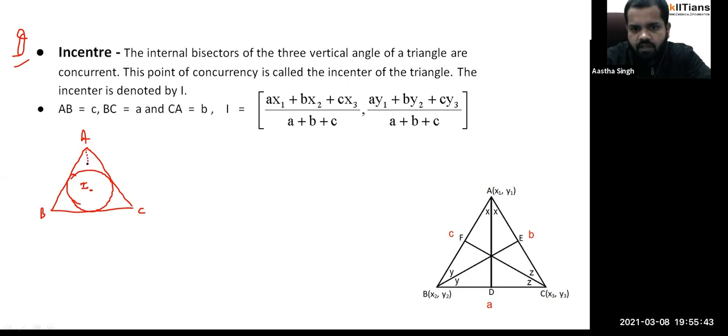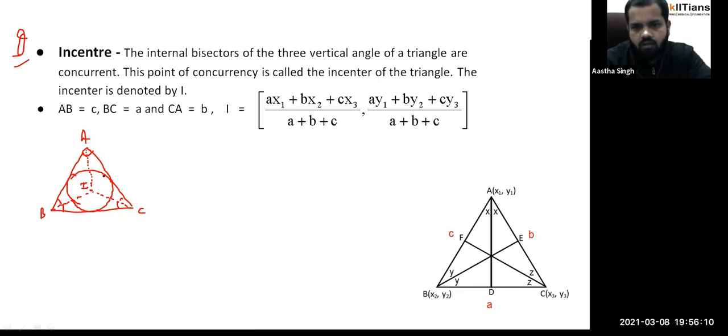If we do not draw the circle, it is basically the intersection of the angle bisectors of your angles: angle A, angle B, and angle C, right? These angles are divided equally.